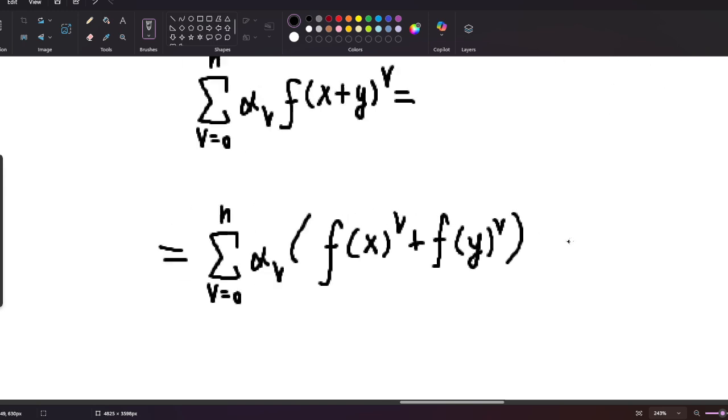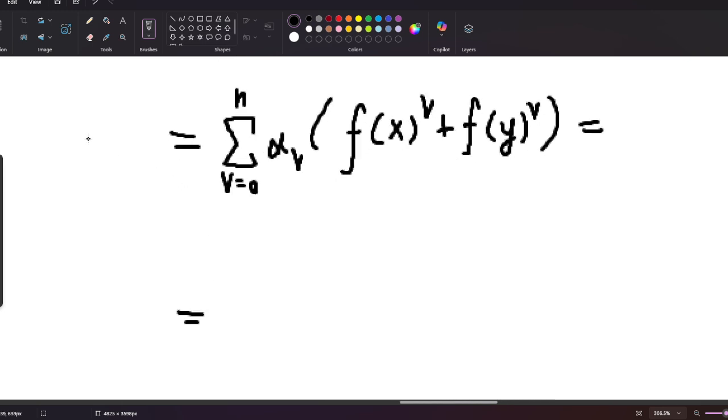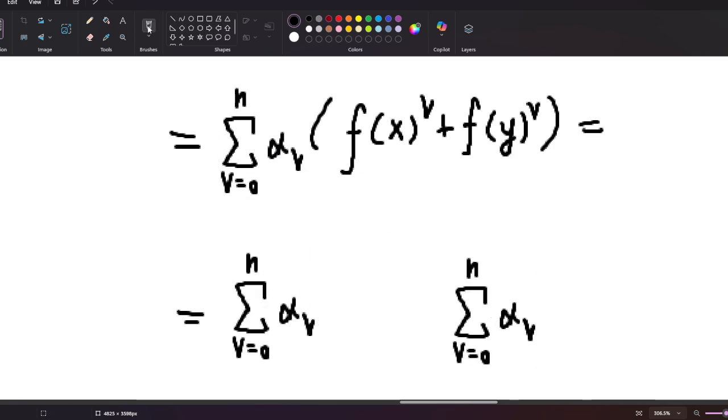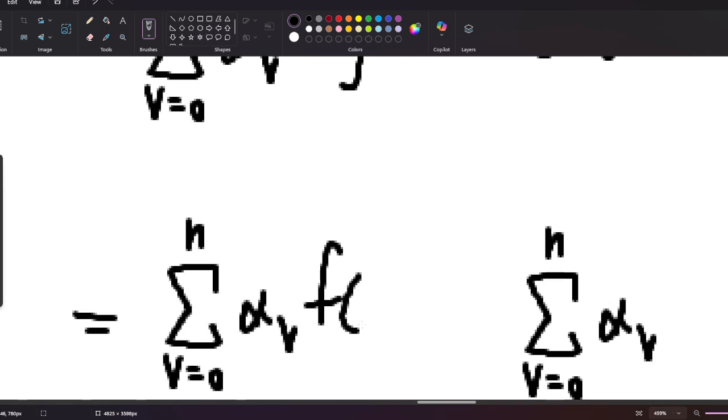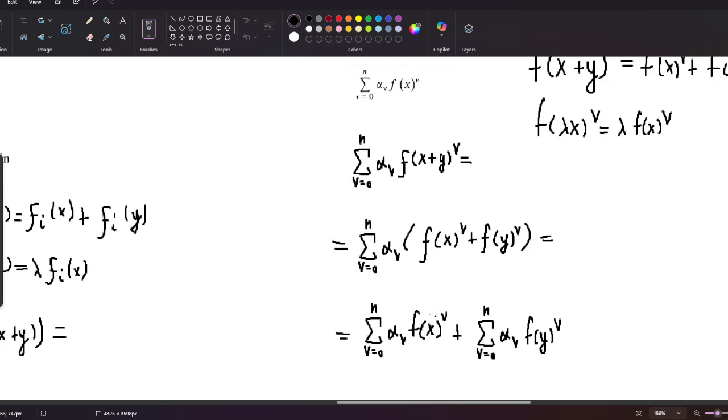Okay, now we can just split it into two sums. And guess what?